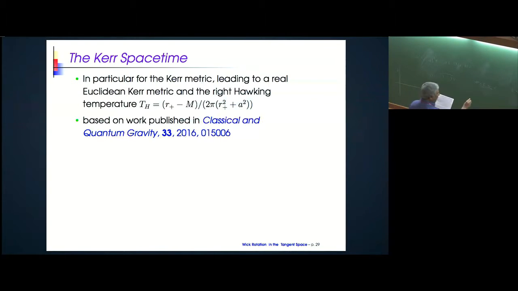So here, suppose I were to use the tetrads, which come up naturally here. E0 is equal to dt, and E1 is equal to dr minus V of r dt. Then you find that the metric is quite clearly Euclidean.